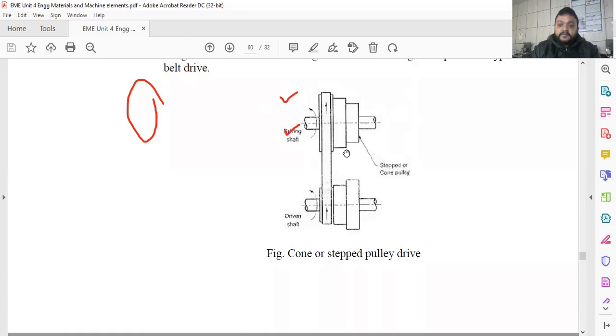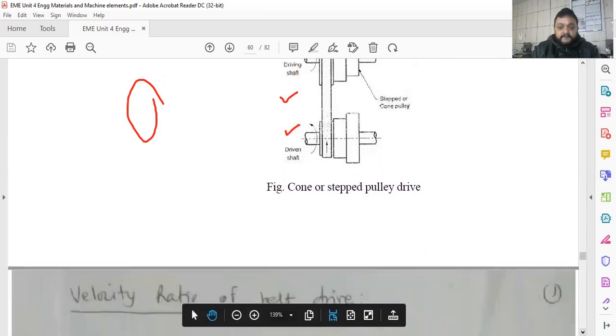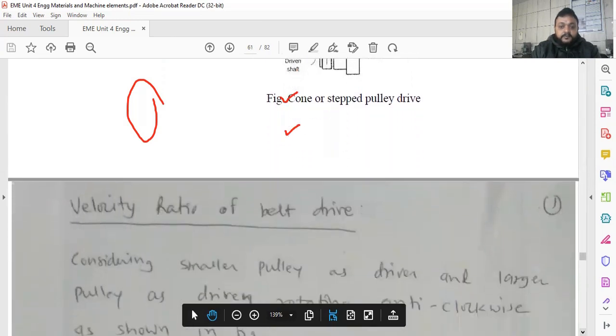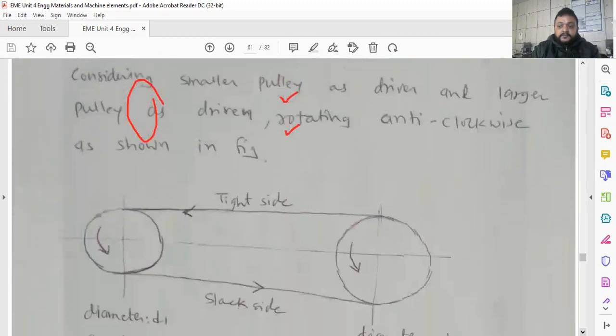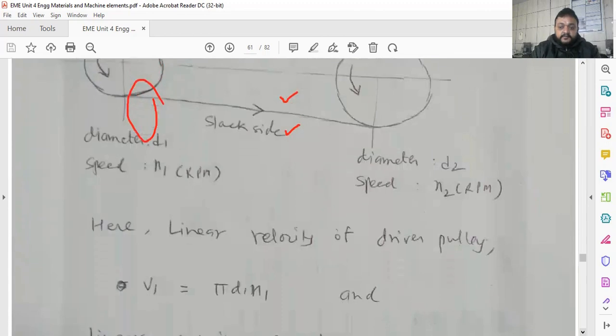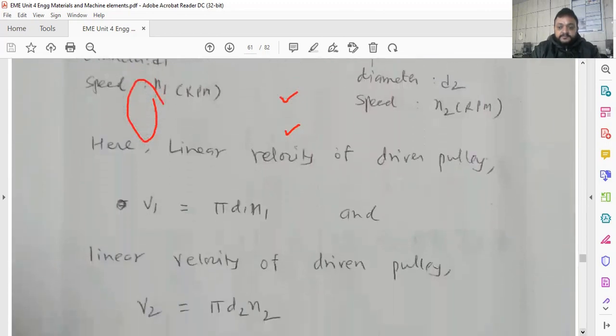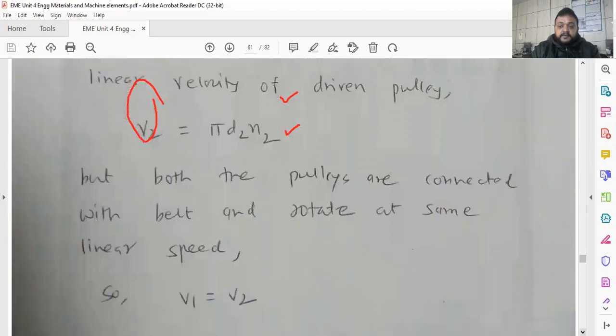Different velocity ratios mean different speeds of the driven with respect to the driver. So that is the use of the belt in a pulley arrangement. The velocity ratio to keep in mind is the speed of the driver divided by the speed of the driven pulley, or inversely proportional to the diameter of the pulley.